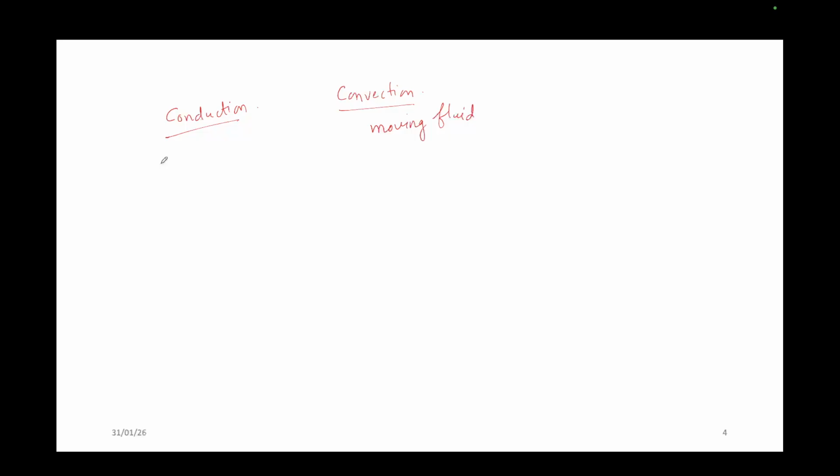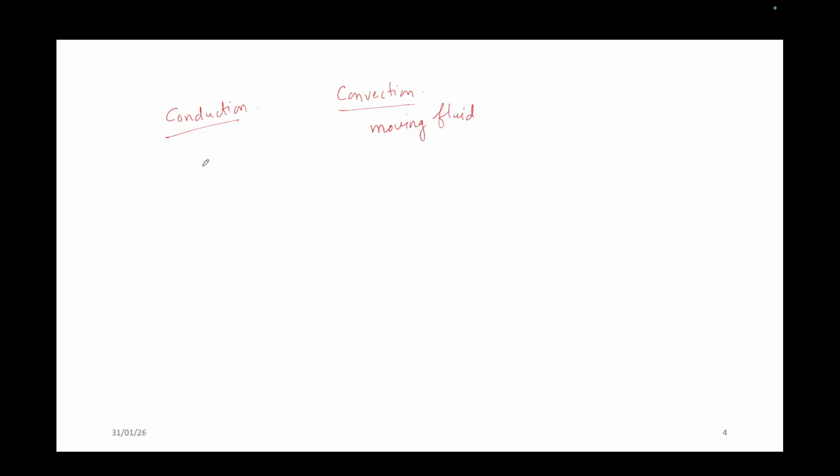If you remember, I said in earlier classes that there are basically two primary modes of heat transfer, but in Google or in books you will find three: conduction, convection, and radiation.